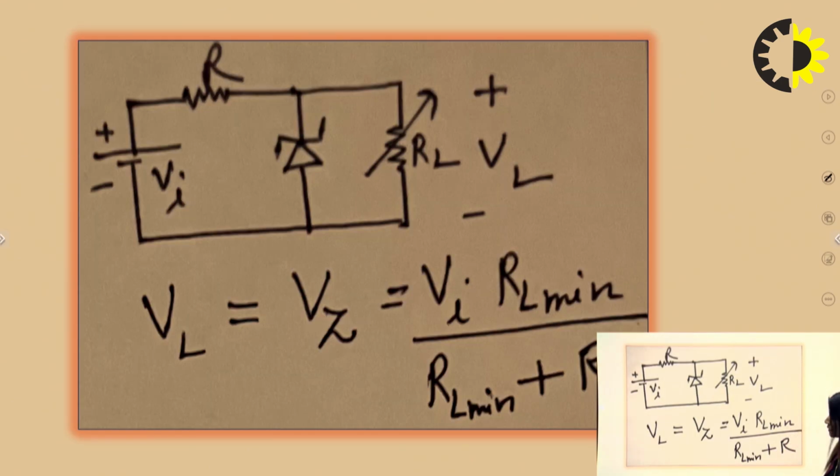Here I have solved this: VL is equal to VZ is equal to VI into RL minimum upon RL minimum plus R. Solve this, you will get the value of RL minimum, right? So this should be the first step.